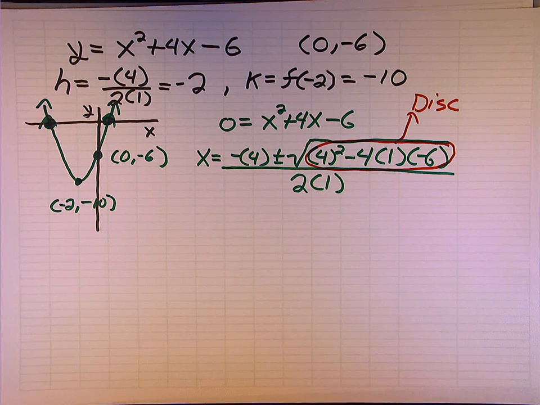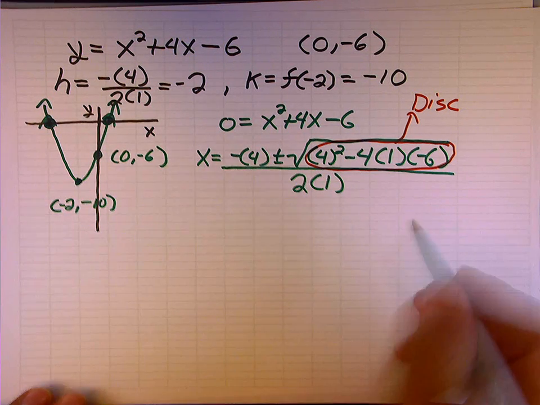If I can take the square root of the discriminant and come up with a real number, then I will have two x values. One where I have the positive of that number, the other where I have the negative of the number, and I have two x-intercepts.